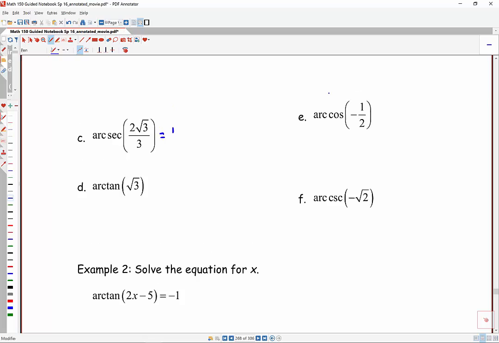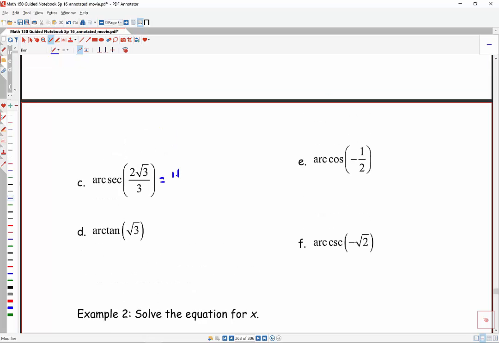And for D, arctangent at root 3 is going to be pi over 3.